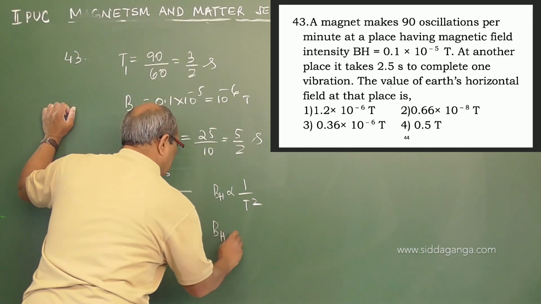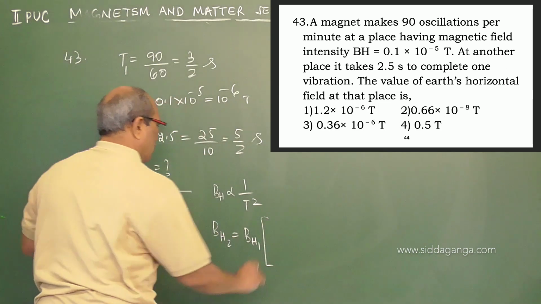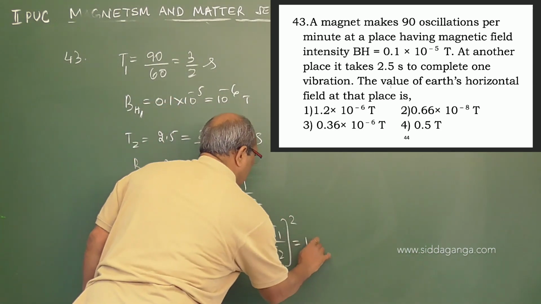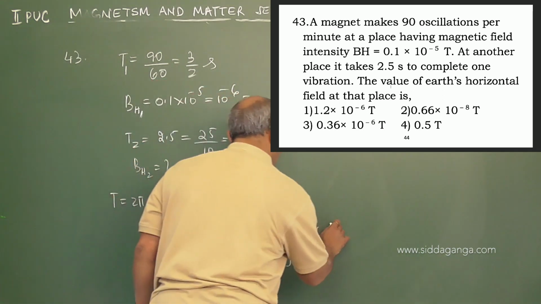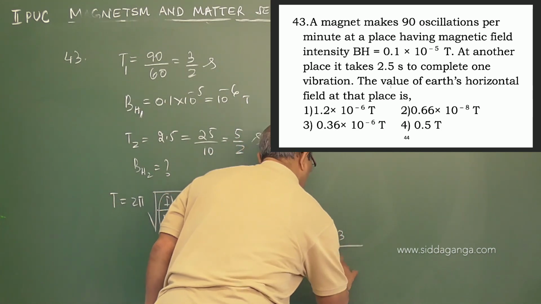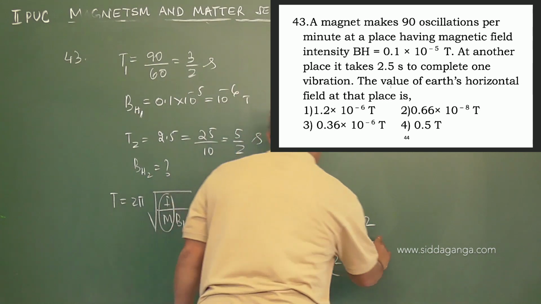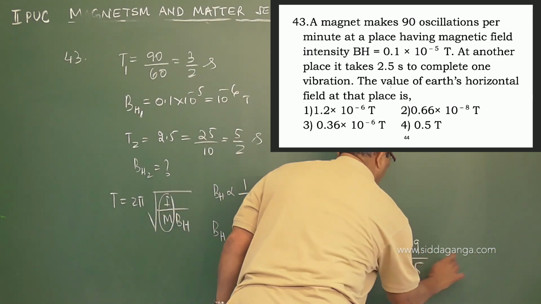If we want BH2, it is BH1 into T1 by T2 whole square, 10 power minus 6. T1 is 3/2 into 5/2 whole square. So it is 10 power minus 6 into 9/25.